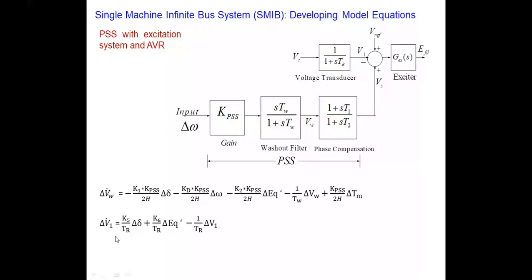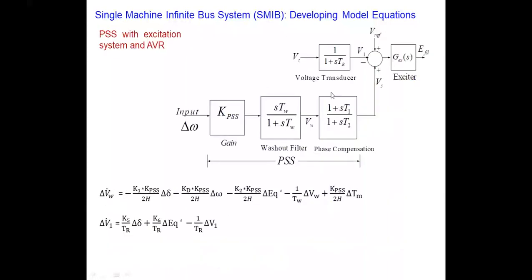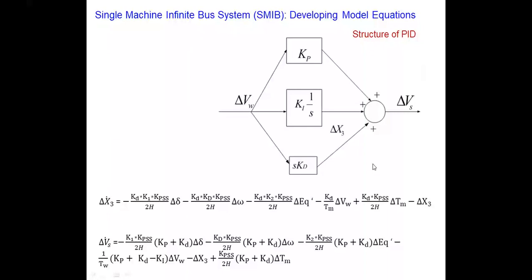In terms of this, and then again you dial VW in terms of this here actually, right? And then as I said, this PSS, instead of having this conventional PSS design, you can also have the PID implementation.